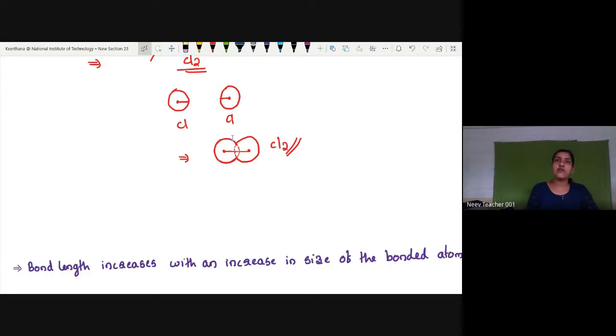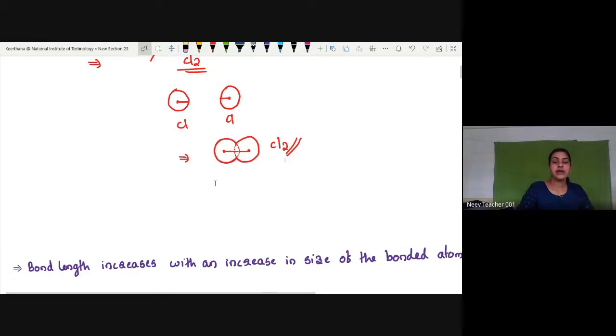In the case of covalent compounds, there is already a standard covalent radii that we found, and it is in agreement with the covalent bond length, which means when you find a covalent bond length in a molecule, it will be equal to the sum of covalent radii.